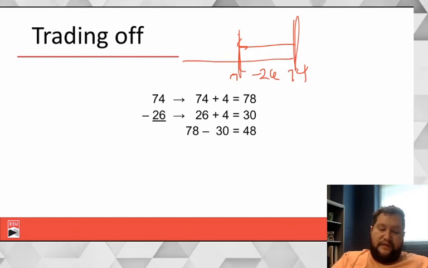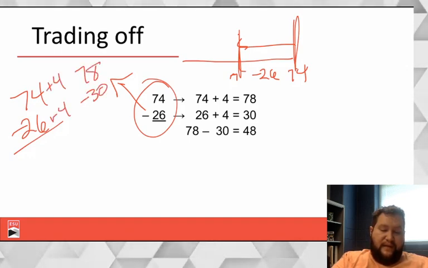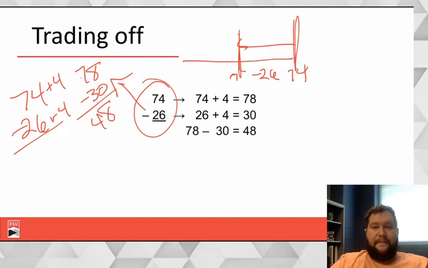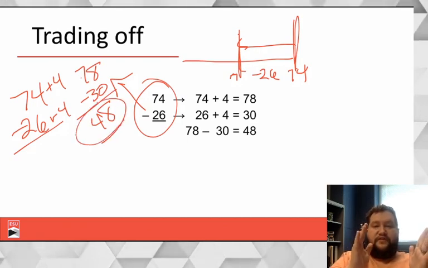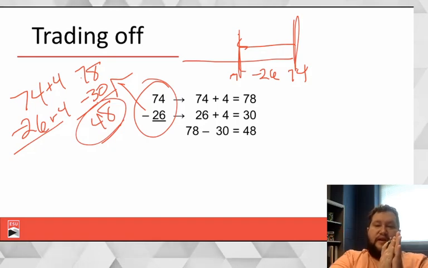And so you can read this as: 74 minus 26 is the same as, add 4 to both of those, we get 78 minus 30. And now we can do 70 minus 30, which is 40. 8 minus 0, 48. So we essentially just shift those numbers up so that we have pretty ones that we can just do a subtraction by place value.